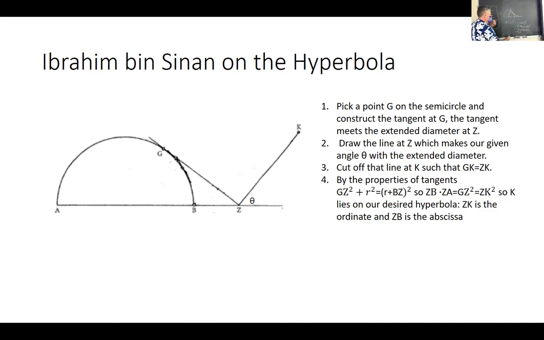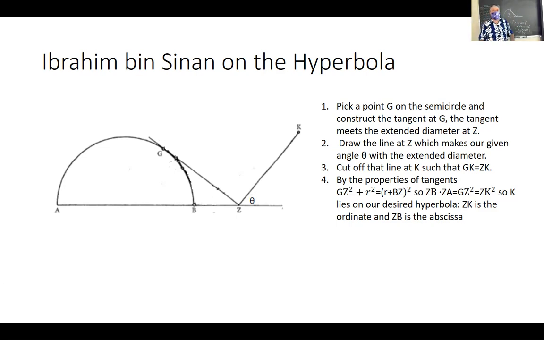AB plus BZ is AZ. So that's where we get that from. But GZ is exactly equal to ZK. That's how we defined it. And so that's why K lies on our desired hyperbola, because now this is the ordinate and this is the abscissa, and that relationship tells us exactly what we need.